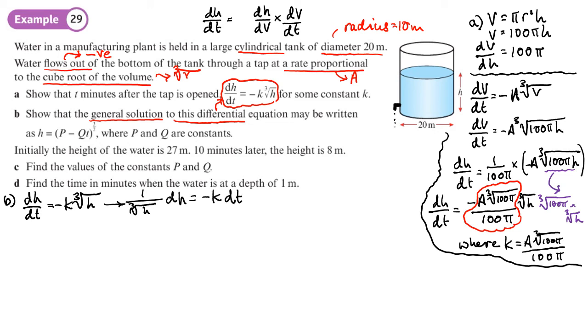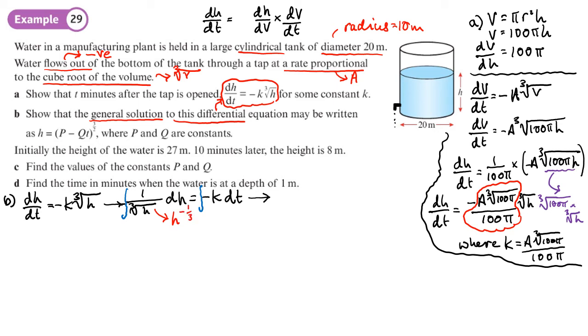Now I want to integrate both sides, so an integration symbol here and here. I would write that as h to the power negative a third, so it's easy to integrate.